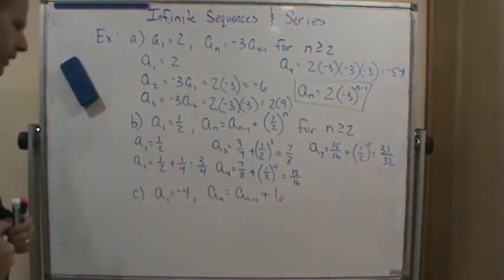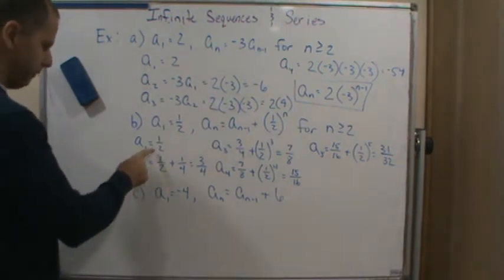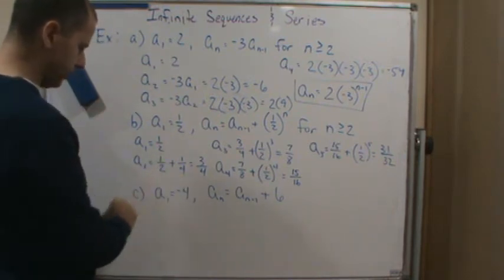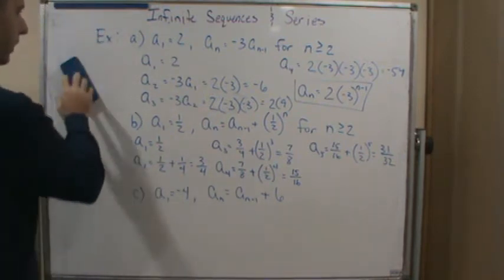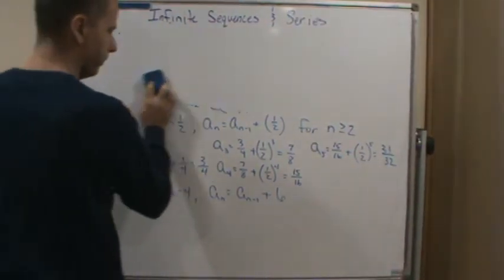Okay, so now let's look at the pattern. So we've got 1/2, and then we got 3/4. So let's do this. I'm going to erase this, give some more room.